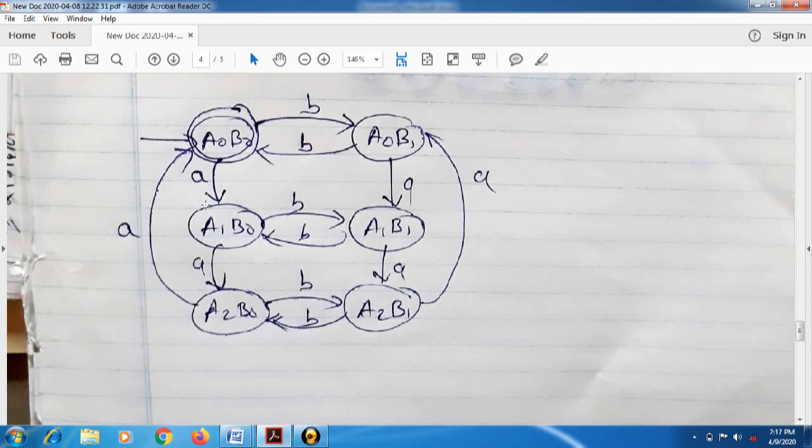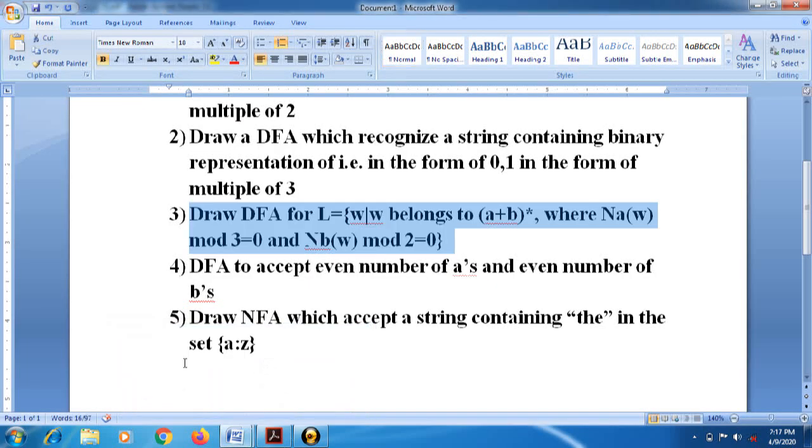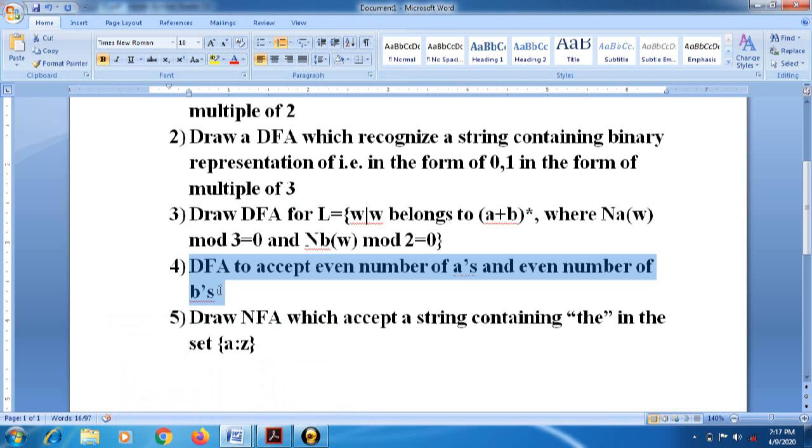Now check whether all strings which come under that state get accepted. So next example is a DFA to accept an even number of A's and an even number of B's. So we have to consider here the strings which contain an even number of A's and an even number of B's.